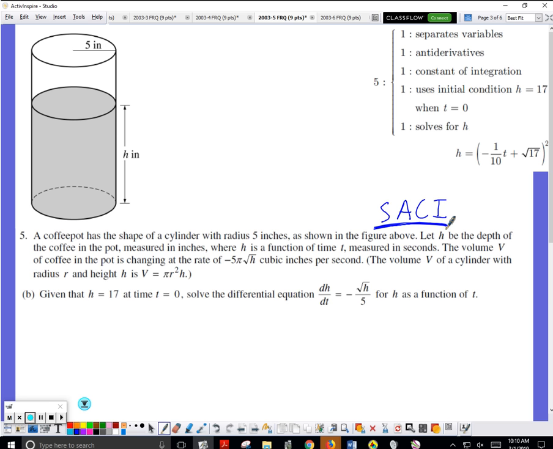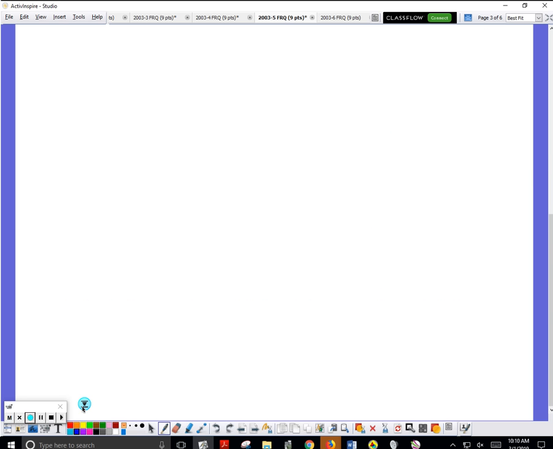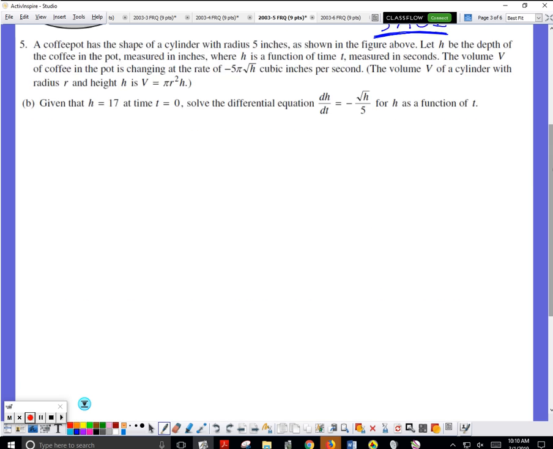So let's see. I'm trying to solve the differential equation. I start out with dh/dt equals negative root h over 5. Oops, negative root h. Separate the variables, so multiply the dt across. I don't like dividing, so I would prefer to multiply.